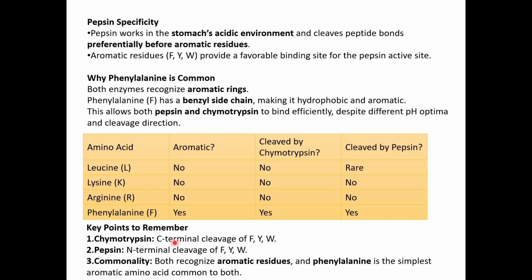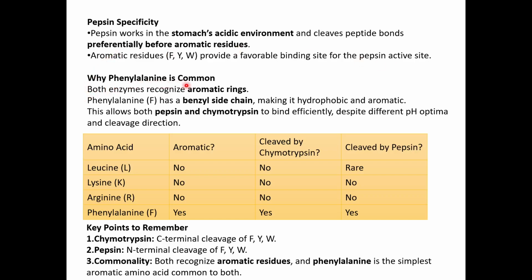Pepsin specifically works in the stomach, as we know, where the pH is very acidic for digestion. Pepsin therefore needs a pH of 1 to 2 for active functioning, and it cleaves the peptide bonds preferentially before the amino acids. The aromatic residues tyrosine, tryptophan, and phenylalanine provide a favorable binding site for the pepsin active site.